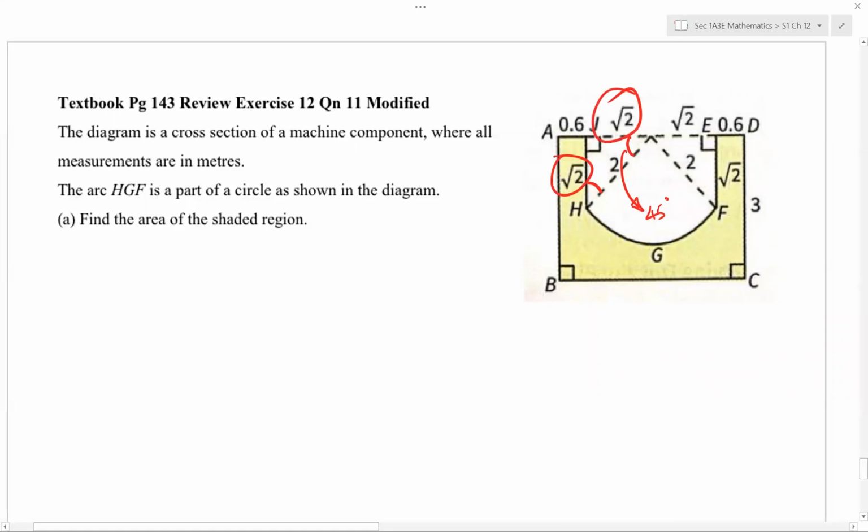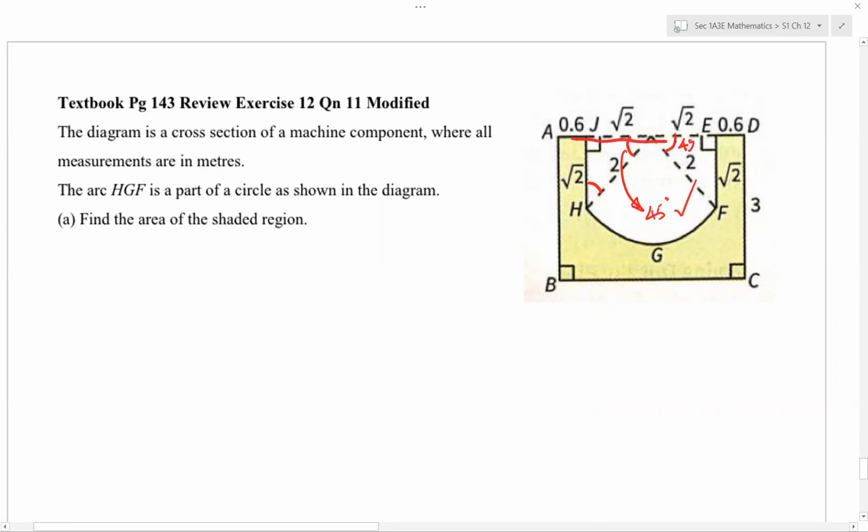If a triangle has two equal sides, what special name do we give this triangle? Isosceles. So what is one other property of an isosceles triangle? Base angles are the same, right? So if they are the same and they add up to 90, therefore each of them must be 45. So this is correct. This is 45. Similarly, this is also 45.